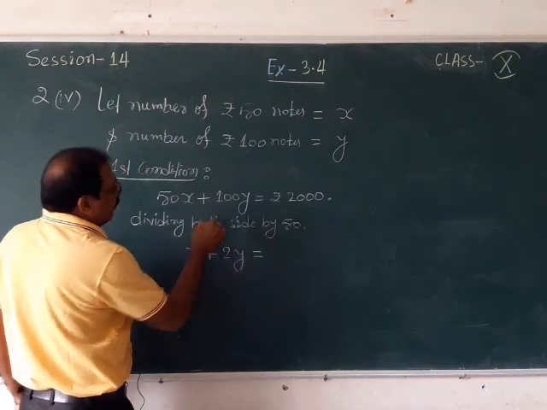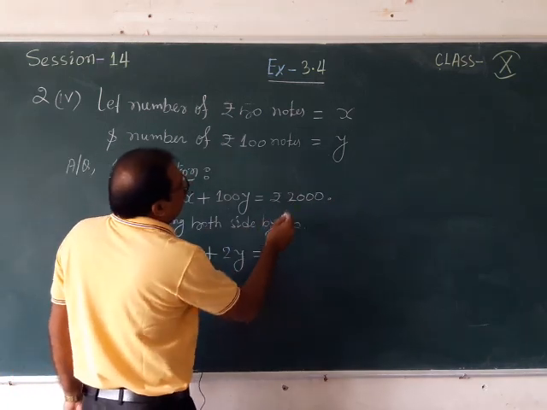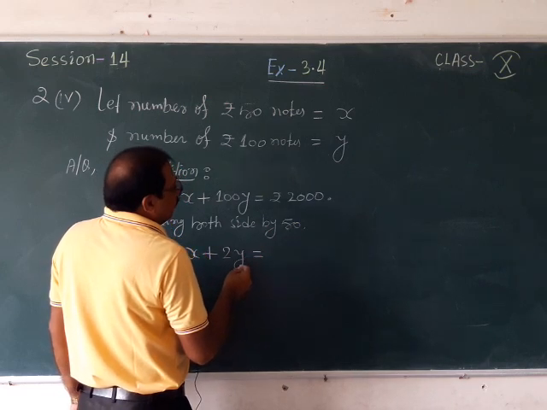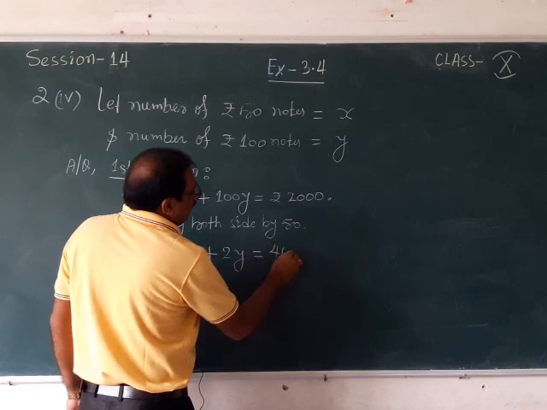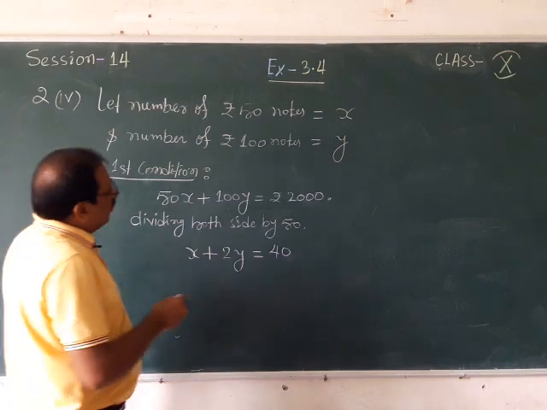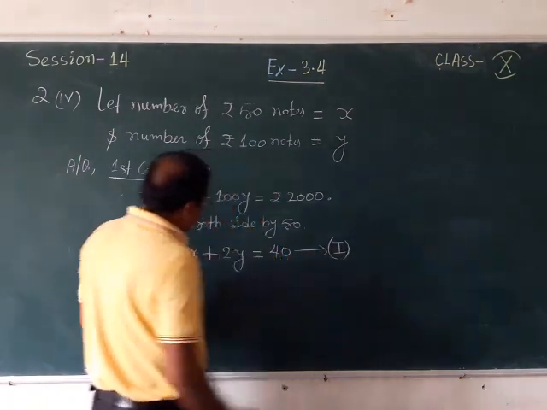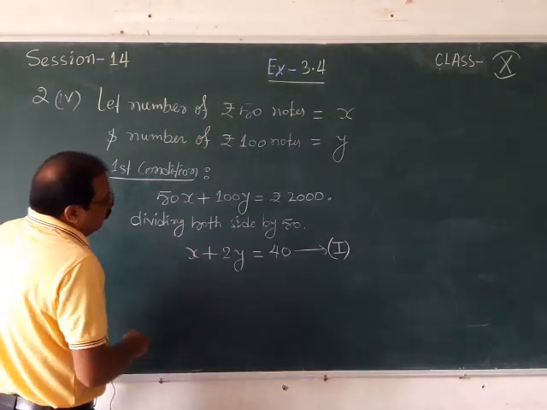And here 2y, if you divide 100 by 50, you will have 2y. And if I divide 2000 by 50, how much will I have? 50 twos are 100, 50 fours are 200, that means this side will become 40. So this is our equation number 1, and now we have smaller numbers, and by that we will feel it easy when we solve it.